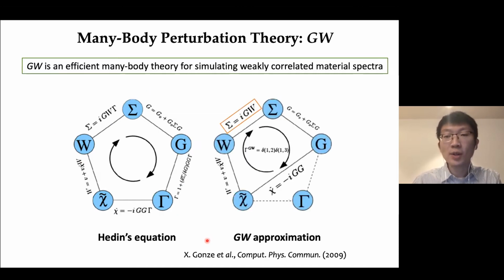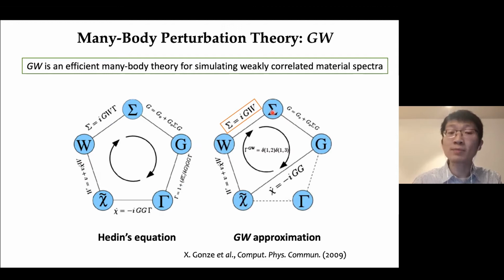Instead, numerical approximations always need to be used. GW is just one such approximation, where in Hedin's equation the vertex correction is ignored, and only these four physical quantities are self-consistently updated.